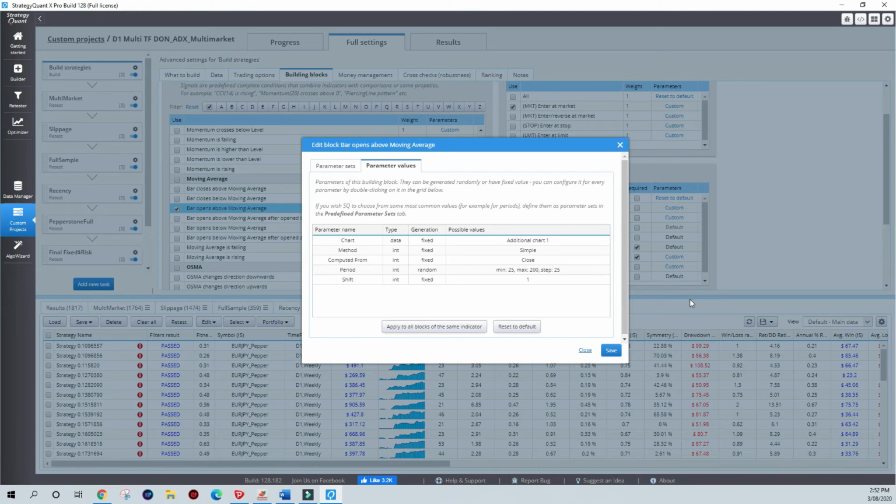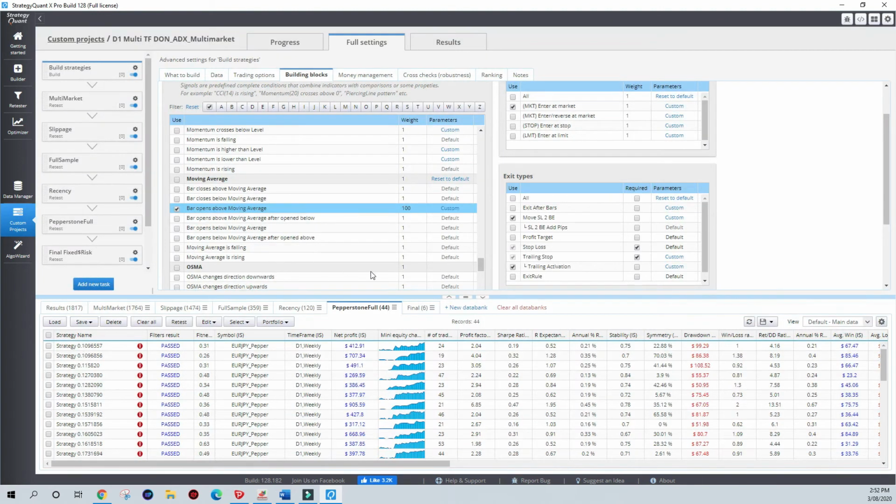And in this instance, we want variations that look at a range of a simple moving average of a 25 period simple moving average up to a 200 simple moving average in steps of 25. But this particular choice of moving average here is only applied to our weekly chart.